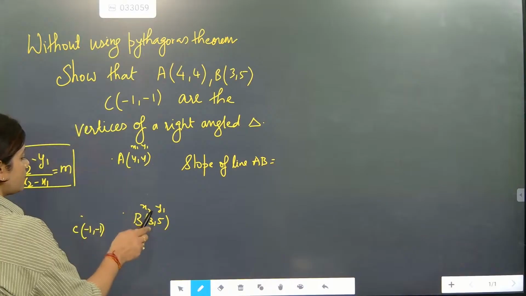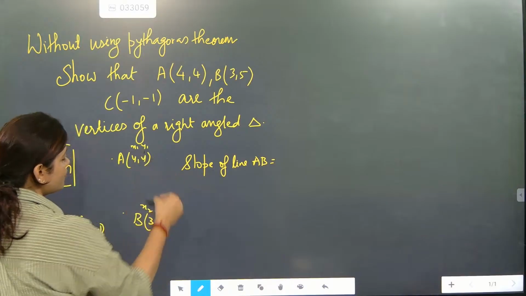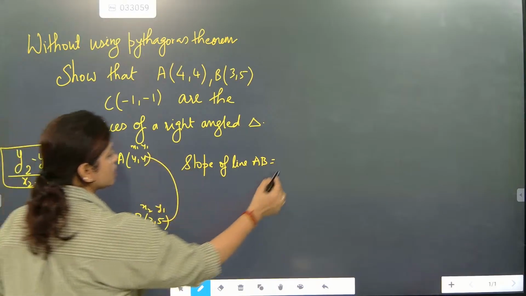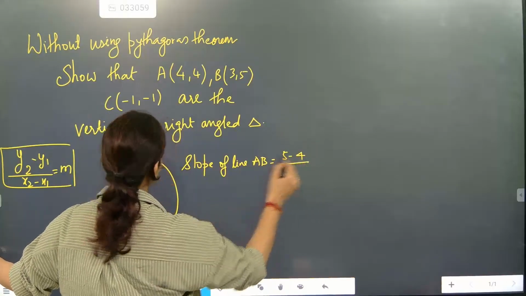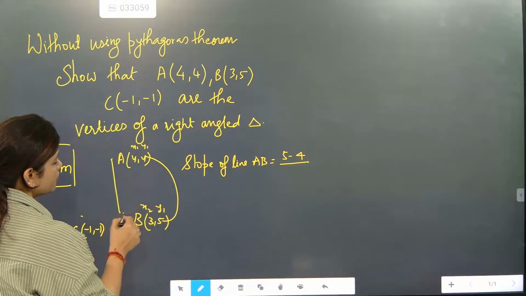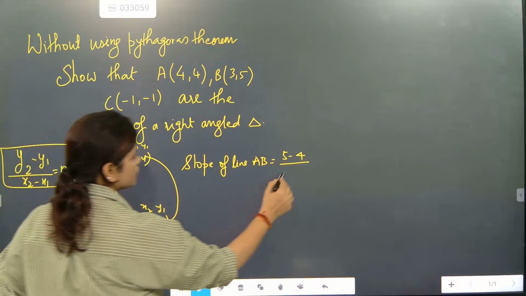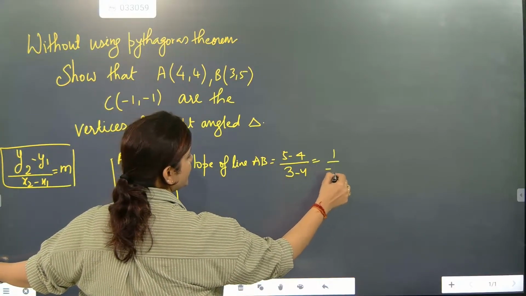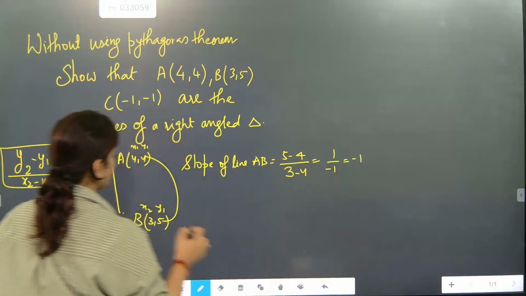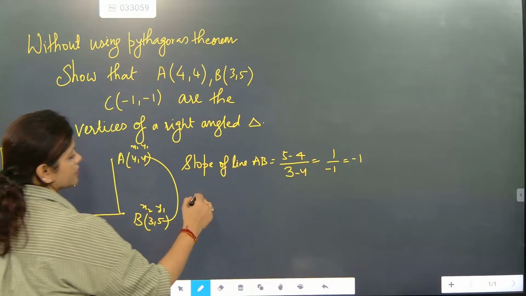So here this is x1. So slope of line AB is (5 minus 4) by (3 minus 4). So it is coming as 1 by minus 1, so it is coming as minus 1. Now get slope of BC.